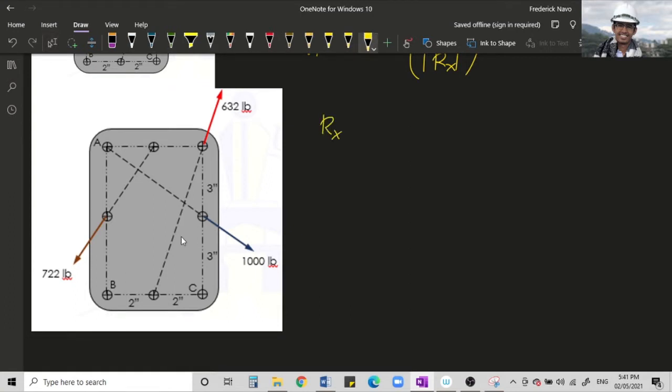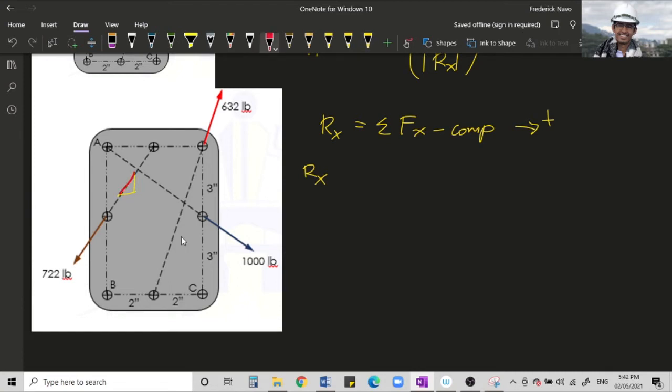So yung Rx natin, that is equal to the summation of forces along x component. So ang gawin natin dito, going to the right will be positive. Tama? So that will be Rx is equal to, so yung component ng 722 pounds. So meron tayong slope dito. So that is going downward, and we have the slope here.